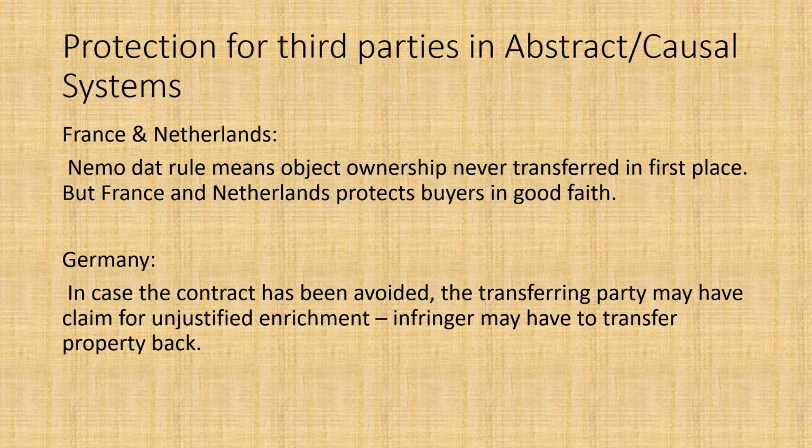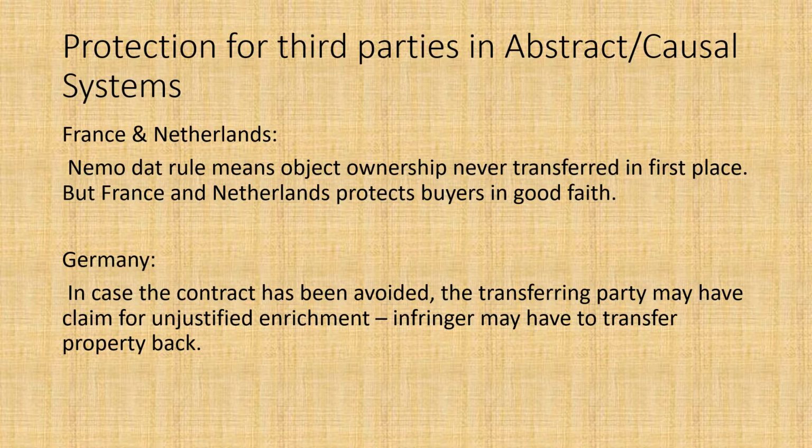Now you've got to wonder, what is the protection for third parties in abstract and causal systems when it comes to illegal contracts? Because in France and the Netherlands, the nemo dat rule means the object never transferred in the first place, the ownership never transferred. Nemo dat means that you can't give away something that wasn't yours in the first place.